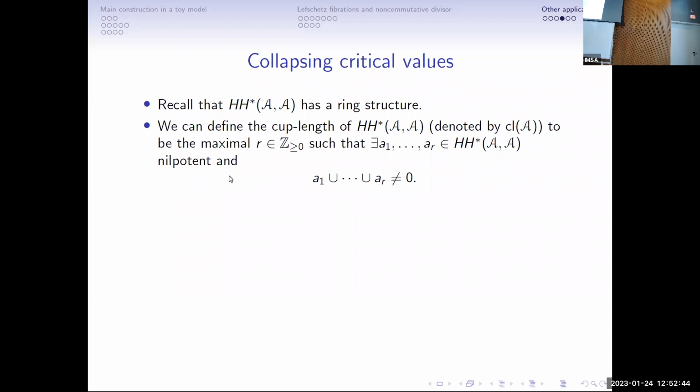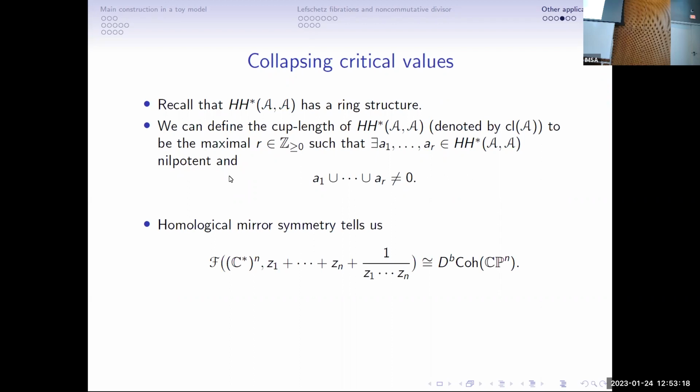It's defined to be the maximum number R such that we can find a sequence of elements in Hochschild cohomology, A1 up to AR, which of course we assume are nilpotent, such that their cup product is non-zero. So the maximum R such that such a non-vanishing property is true.